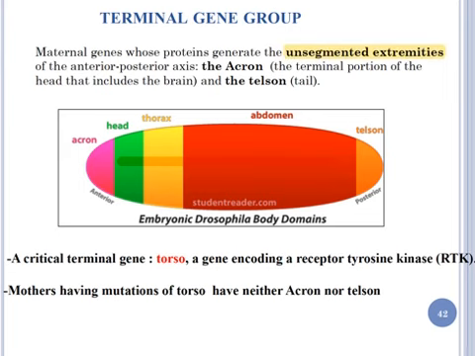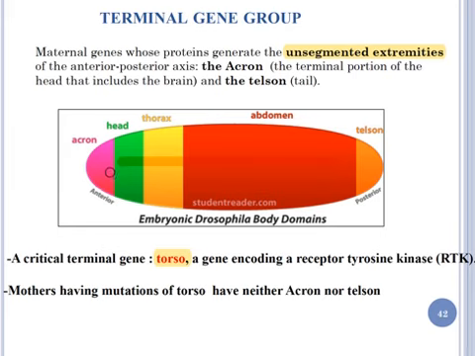These unsegmented extremities are called acron anteriorly and telson posteriorly. So the telson includes the tail and the acron includes the head or the brain. So what kind of genes control acron and telson? We have a gene called torso.